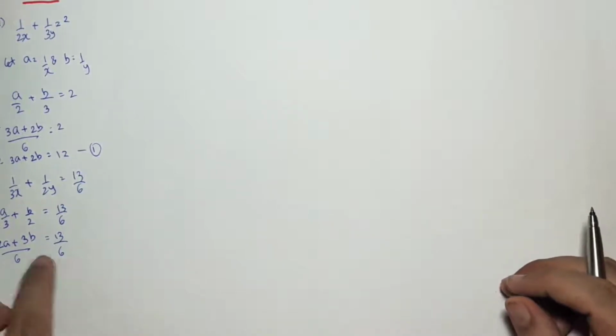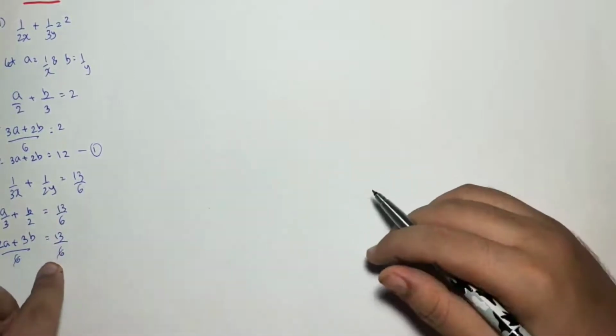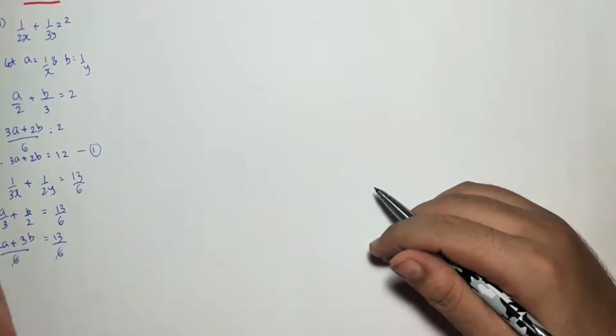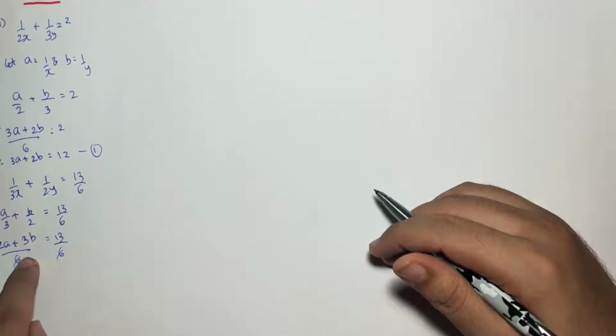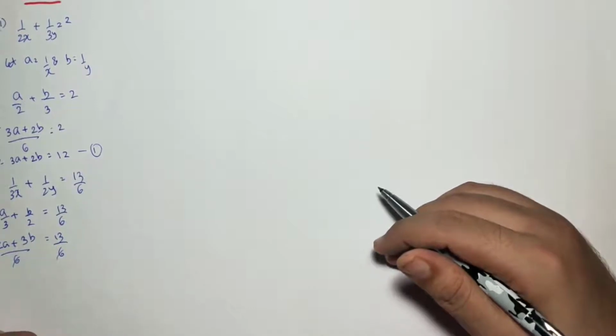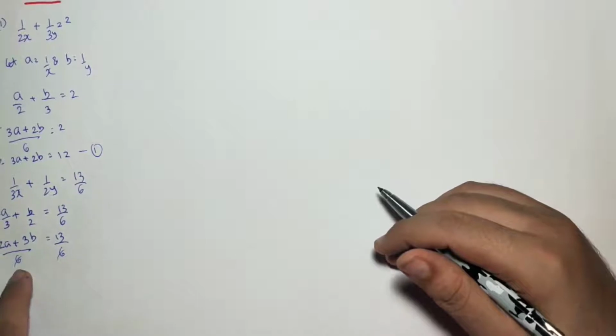As you can see, 6 and 6 in the denominator on both sides, we can cut it out. We can cut this 6 only if both sides have the common denominator 6. If only one term is having 6 on the left hand side, and the second term is not having 6 in the denominator, then you cannot cut. The 6 was the common denominator for both the terms, that's why we cut it. If you didn't understand this step, do one thing.